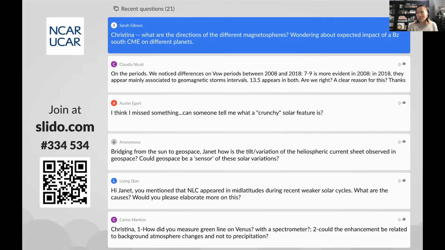Jupiter, Saturn, and all the outer planets, I think their magnetospheres are oriented oppositely of Mercury and Earth. And Uranus is super tilted, so it's like sideways. So to answer your question, I think the response at the outer planets will be different than Earth and Mercury, but I think someone like Fran or even Janet or Gina DeBraccia and other folks in this workshop will know how to better answer that question.